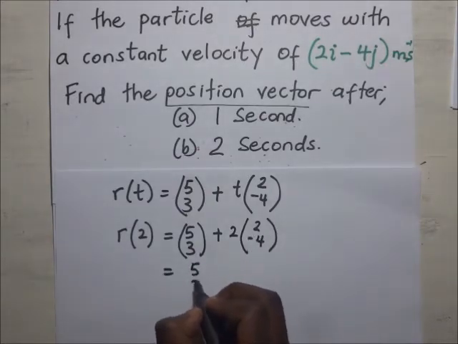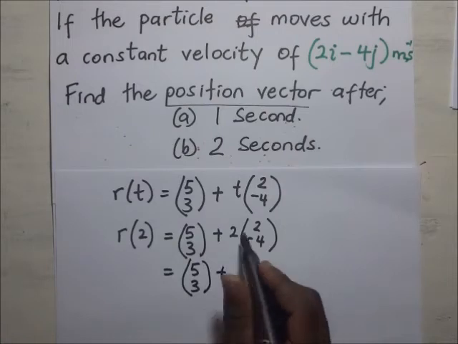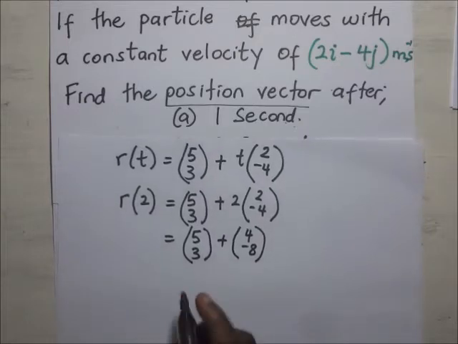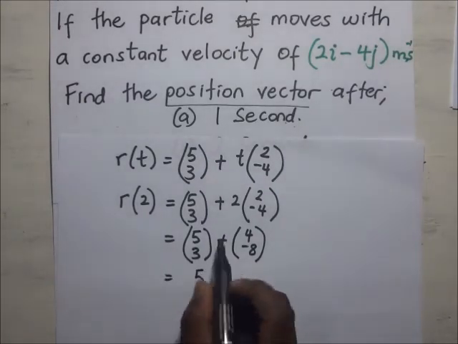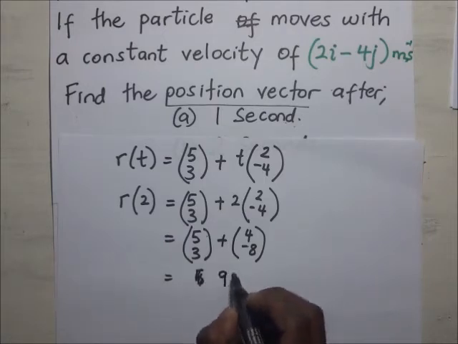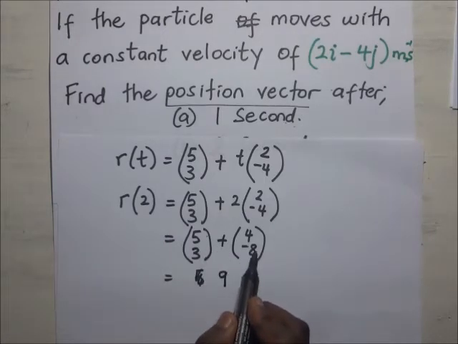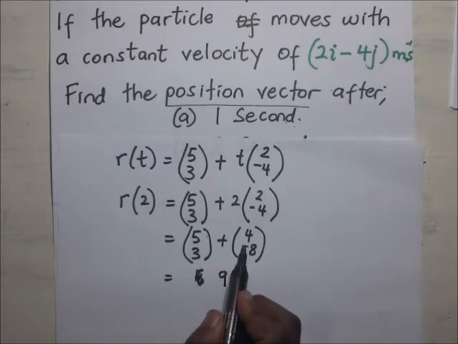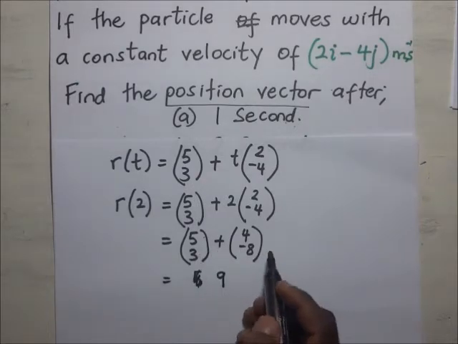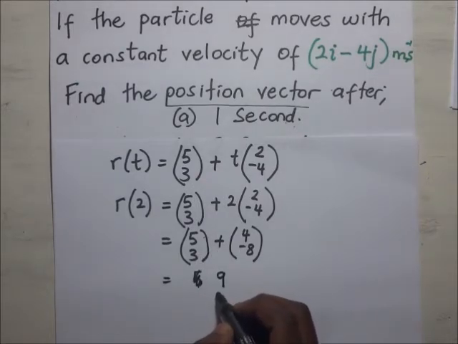This gives us (5, 3) plus (4, -8), since 2 times 2 is 4 and 2 times negative 4 is negative 8. Then 5 plus 4 is 9. Then 3 plus negative 8 is the same as saying 3 minus 8, because the negative takes the day. So 3 plus negative 8 simply gives us negative 5.